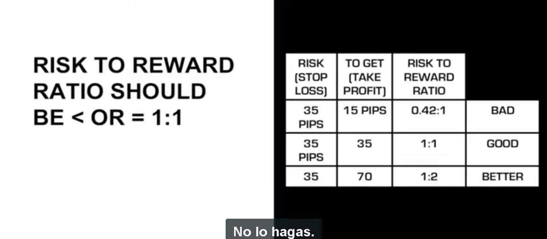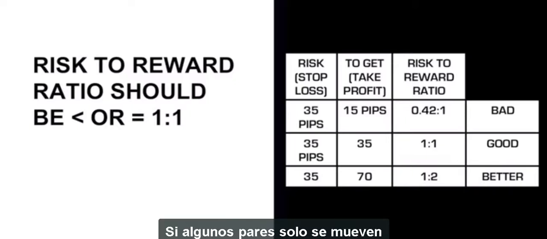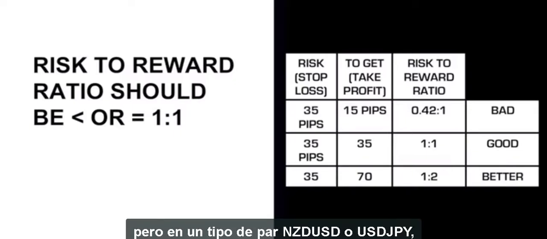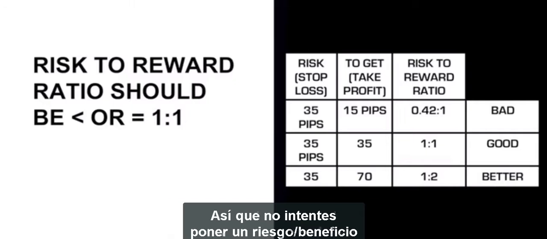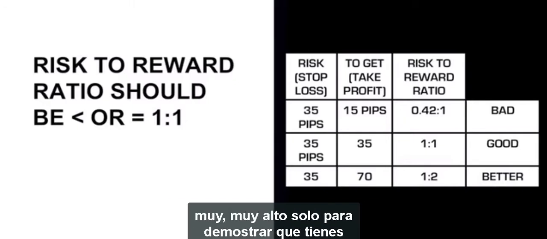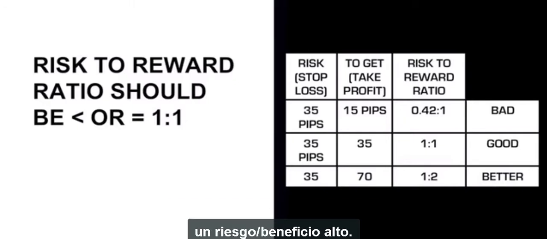Don't do that. Certain pairs only move a certain amount per day. Like GBP JPY, that sucker moves crazy amounts, so you can expect a higher risk to reward ratio on that one. But an NZD USD or USD JPY type of pair, those move very chill, like 35 at a time. So don't try to set a very high risk to reward just to show that you have a high risk to reward. It's all about what you recoup.